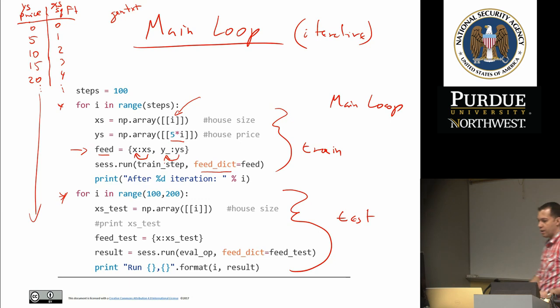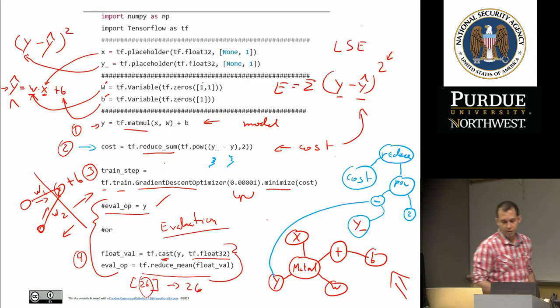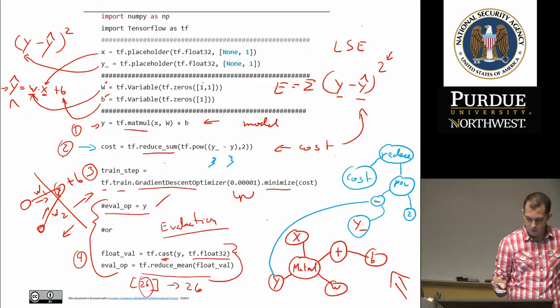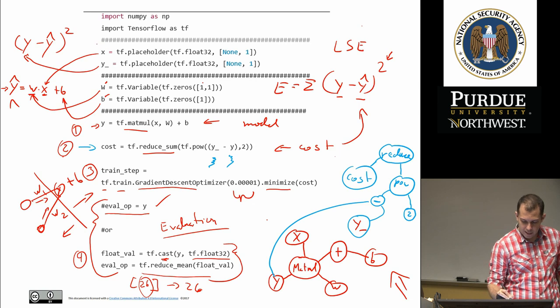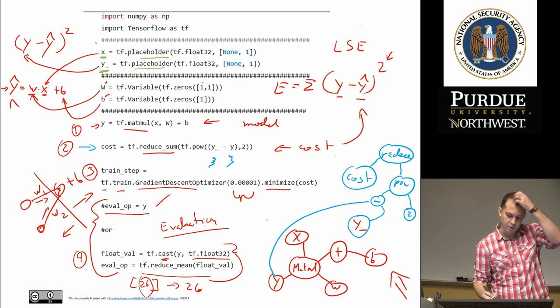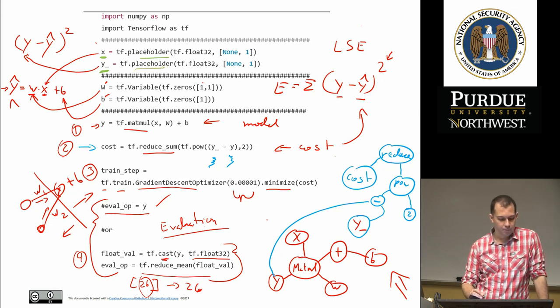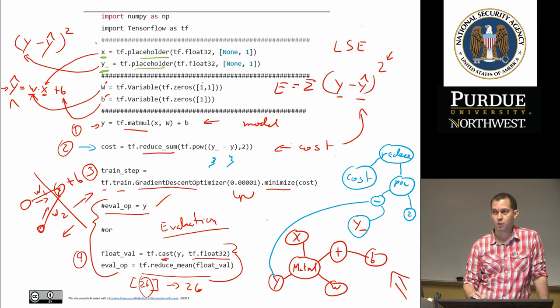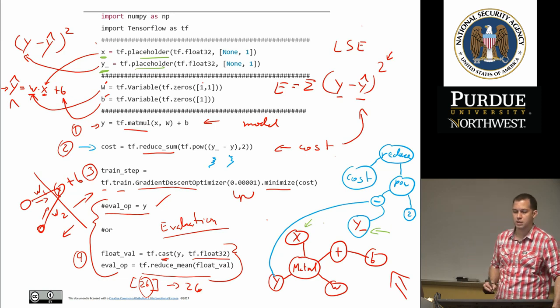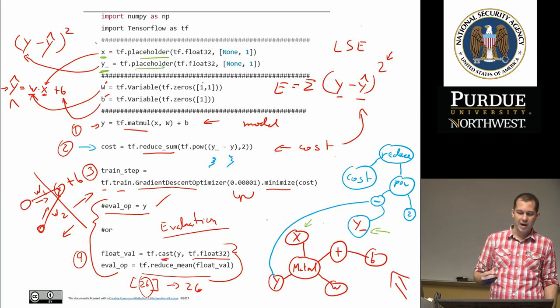If you remember, x and y underscore are here, in this section; these are the placeholders. Those two variables are these two nodes in the graph, and they now need to be populated with data.